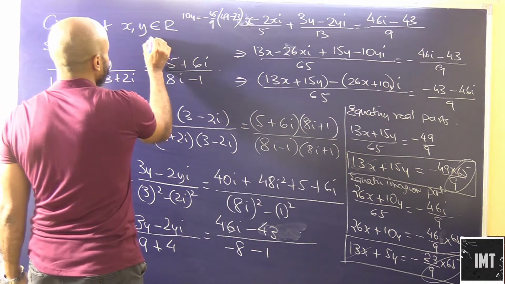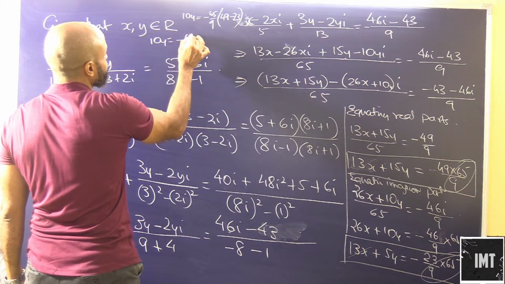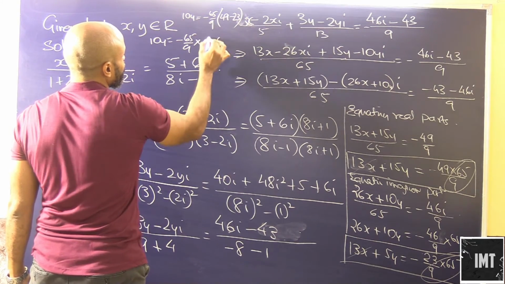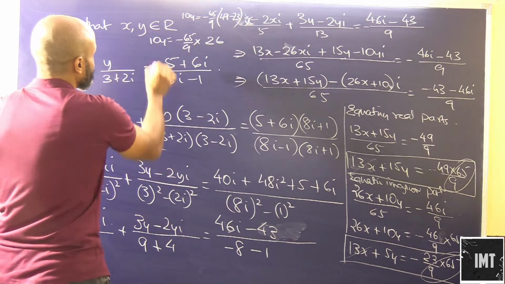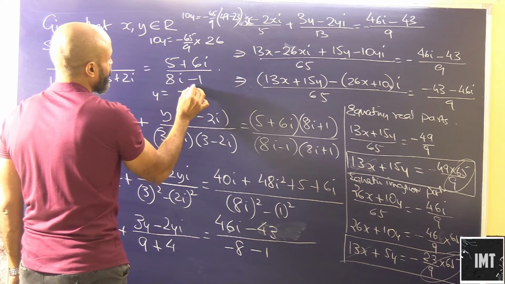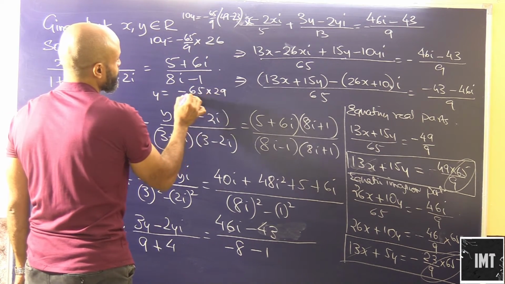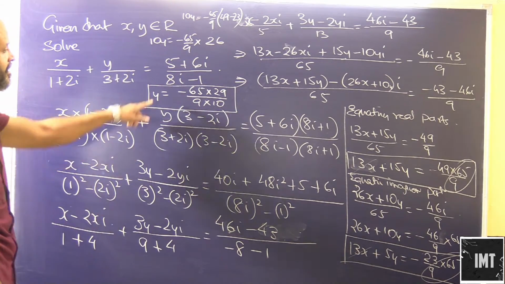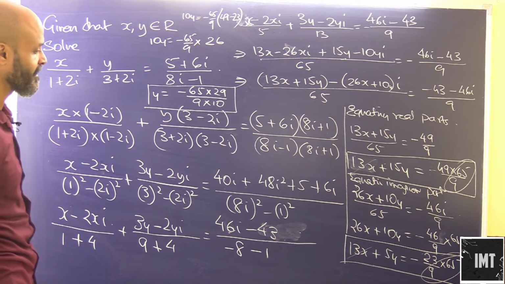Okay, so this will get me 10y is equal to minus 65 by 9 into 26. Okay, so y will have a value of minus 65 into 26 by 9 into 10, and similarly we can find out the value of x. By putting the value of y, we can find out the value of x here as well.